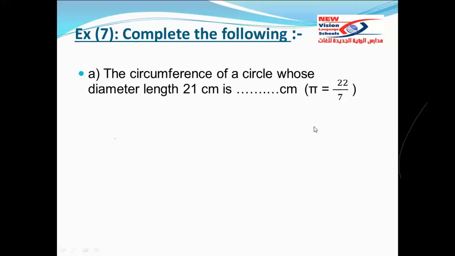Pi d. Substitute and get your result. He gives you here the diameter, so we will use pi d. Pi, 22 over 7, times 21 gives you 66 centimeter. Excellent, Judy.